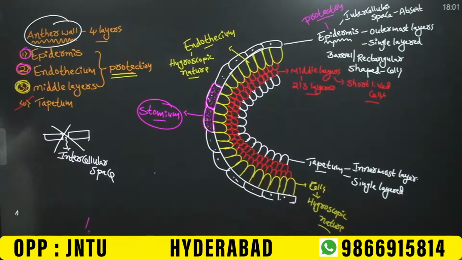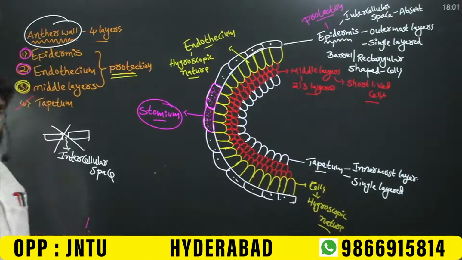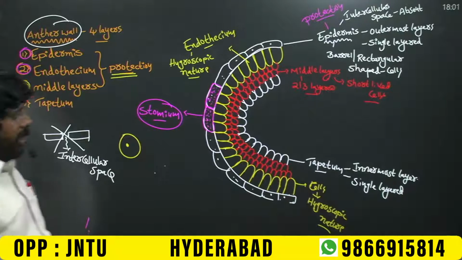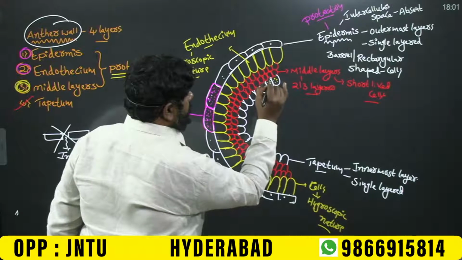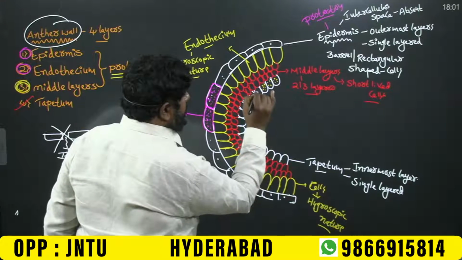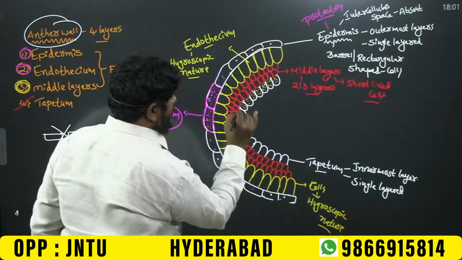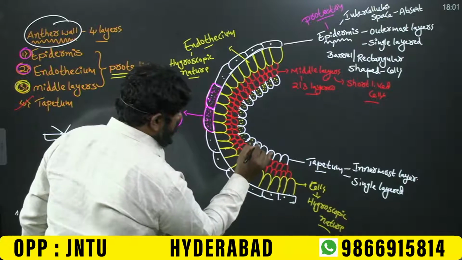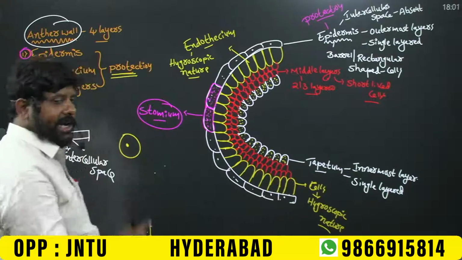And see, generally in one cell we know there is one nucleus. This is one cell with one nucleus in the majority of cases. But tapetum cells consist of 2 to many nuclei.